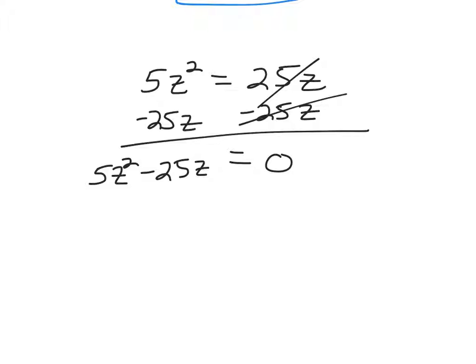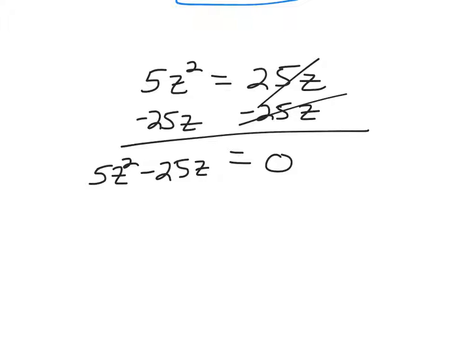Okay, what's step 2 going to look like? Step 2 is to factor. So what question should I be asking? Well, we've already established that it's quadratic. That's why we got a 0 on the right side.